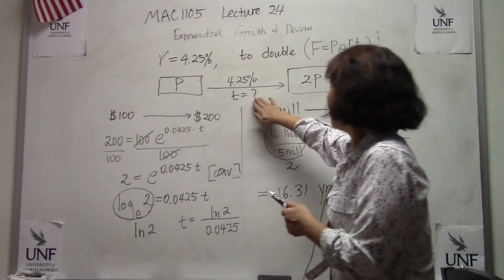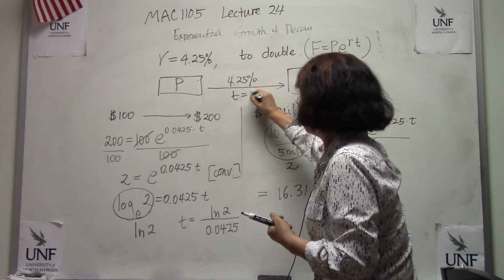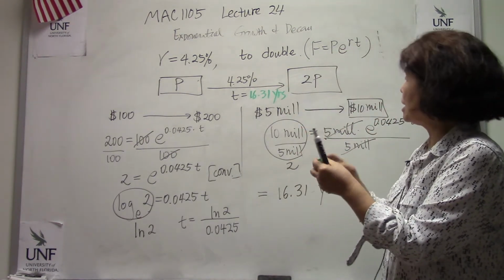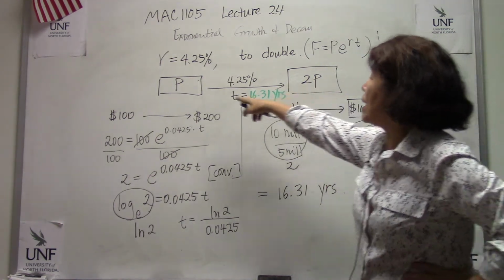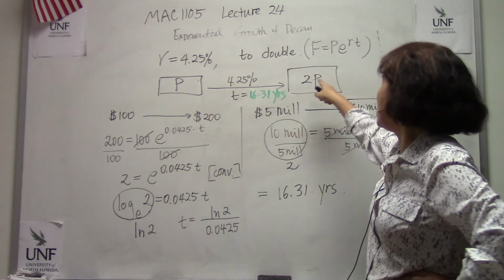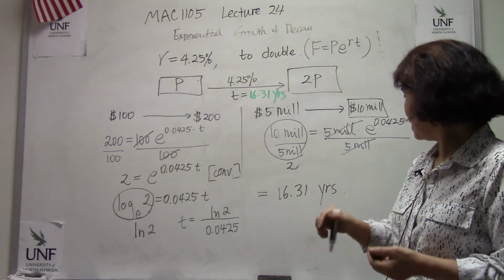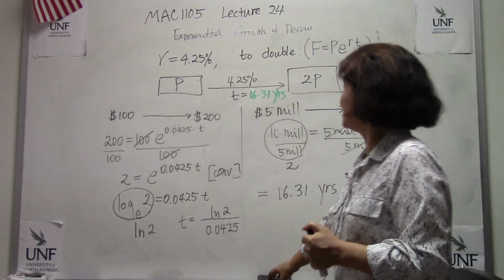Okay? So now the mystery is solved. You wait for 16.31 years, so roughly 16 years and 4 months, and then your money, this unspecified money, P dollars, will become 2 times P dollars. Isn't it interesting? I thought this is a very interesting case.